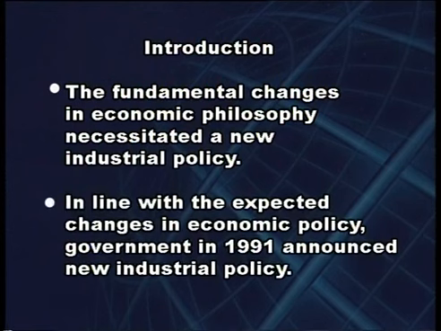In line with the expected changes in economic policy, government in 1991 announced new industrial policy. Prior to the announcement of new industrial policy, in the Indian industrial economy, basically there was licensing policy, and that licensing policy was somewhat like license permit Raj, in the sense that for everything the industrial entrepreneurs had to obtain license from the government, and the sanction of licenses actually took more than the expected time.